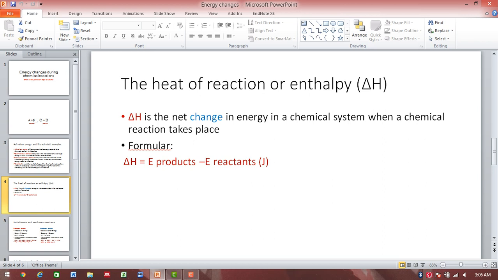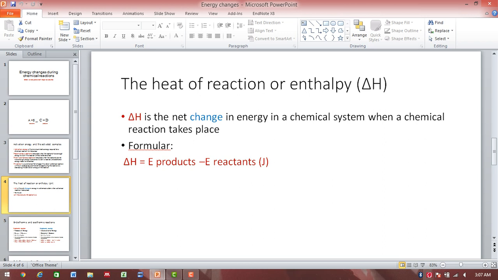Now I want us to talk about the heat of reaction or enthalpy. This is quite important under this concept. Now the enthalpy, denoted by delta H, is the net change in energy in the chemical system when a chemical reaction takes place.